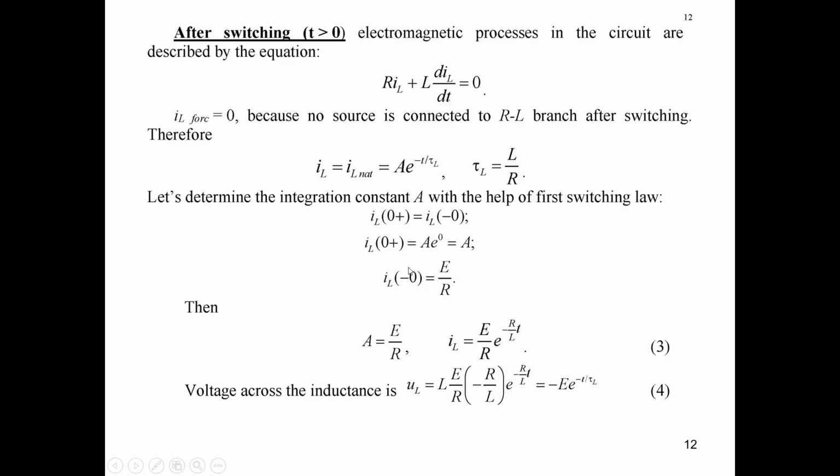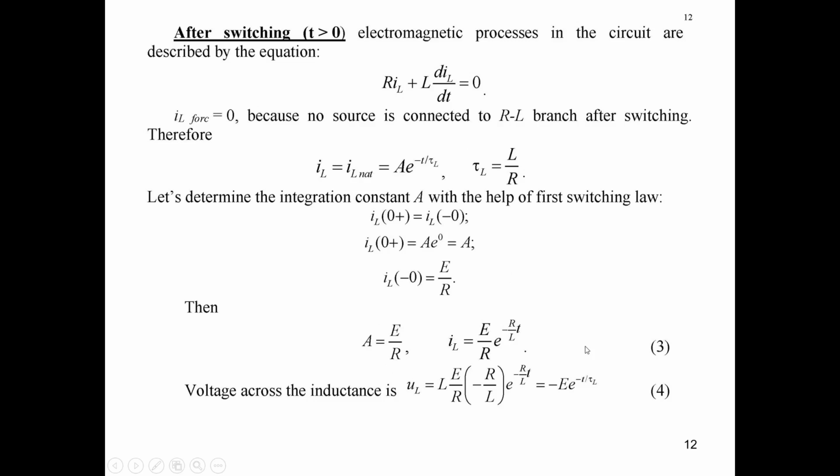Then from the first commutation law, we determine this integration constant by substituting in this equation t equal to 0. For t equal to plus 0 the current will be the same. So this exponential function for t equal to 0 is equal to 1, a unit. So we will have only this A. And we do know that the current before commutation was equal to E over R. So from here we determine this integration constant.